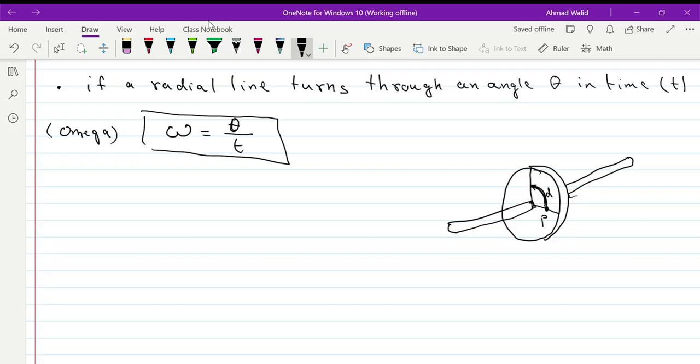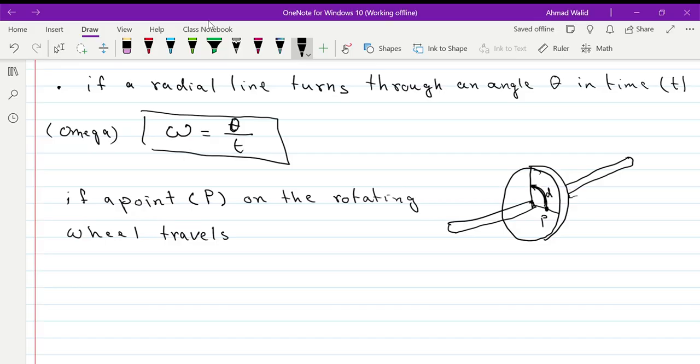If a point P on the rotating wheel travels a distance d in time t, of course, when you travel a distance, it takes time, then your linear speed formula will be v equals d over t. This is linear speed.